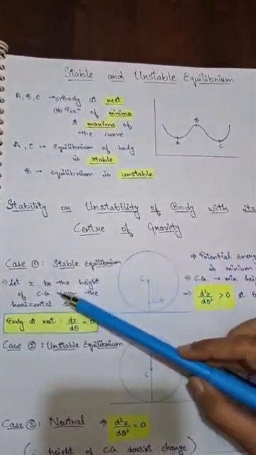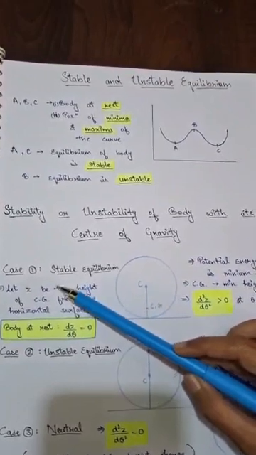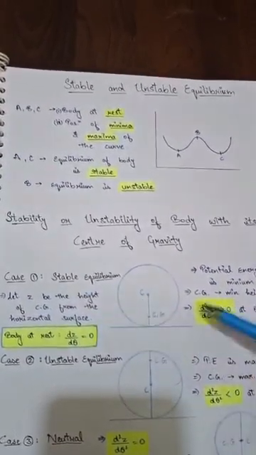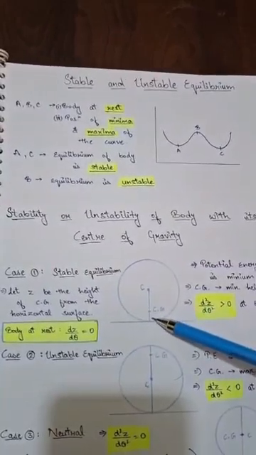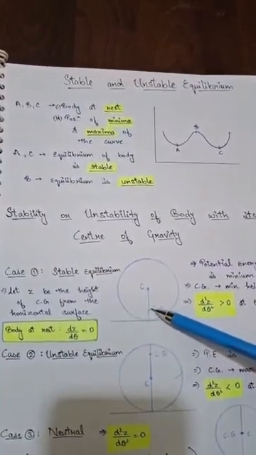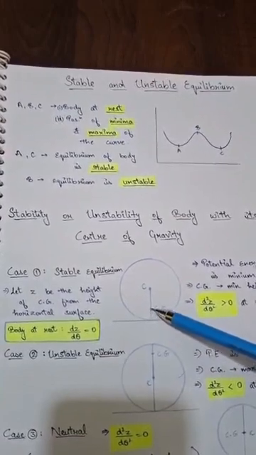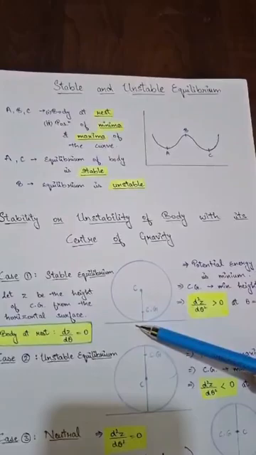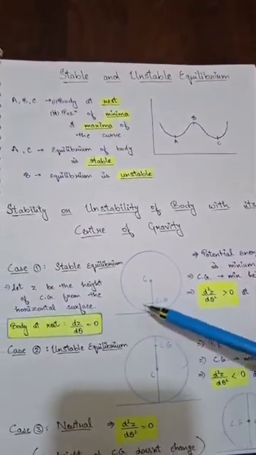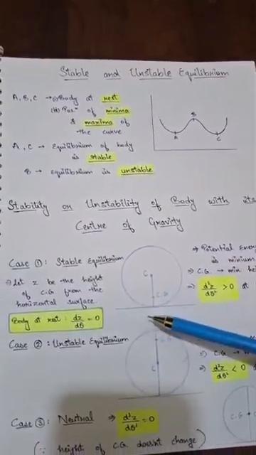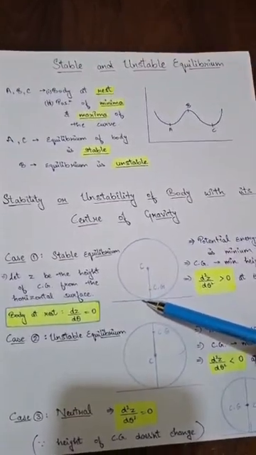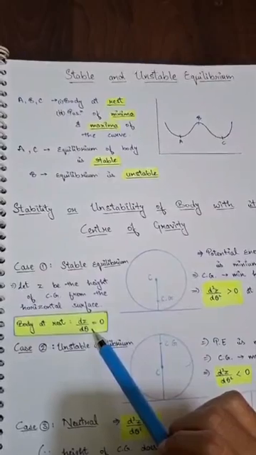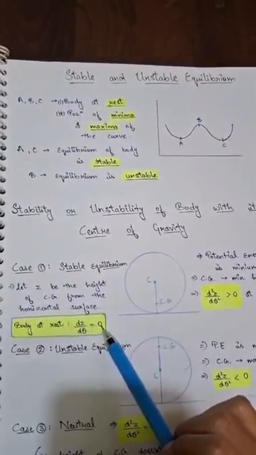Here, if we take Z as the height of center of gravity of body from the point of contact, as you can see in this figure, this is center of gravity and this is point of contact, and we have taken this height as Z and represented as the function of theta, which represents the position of body. Then at rest, the derivative dz by d theta is equal to 0.